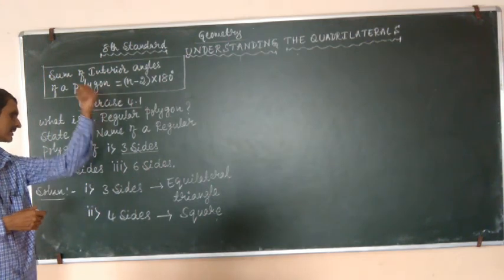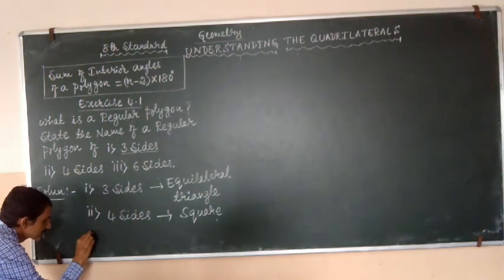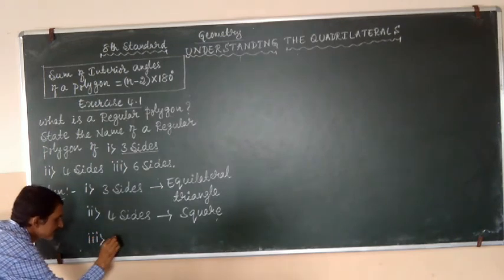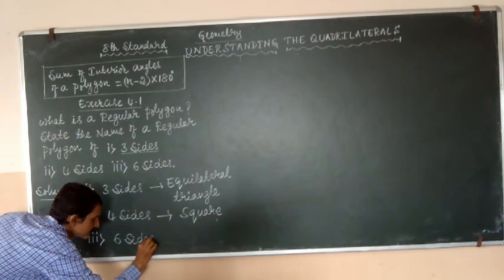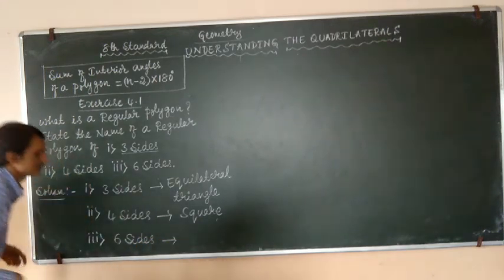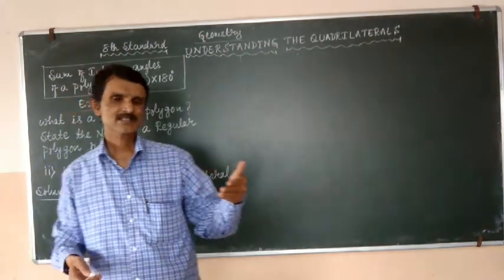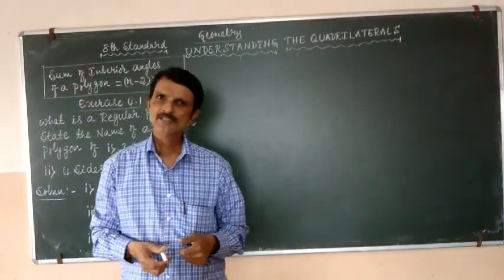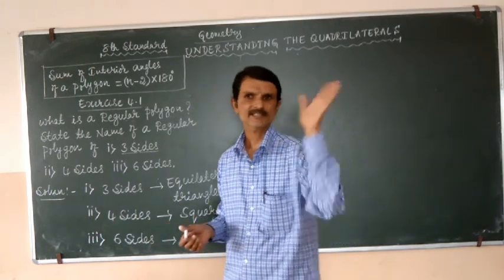Next we will come to the third one: six sides. On the basis of the sides of a polygon, if it contains three sides, what do you call it? Yes, a triangle.